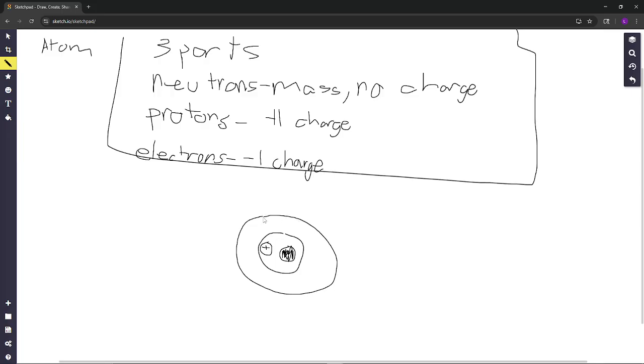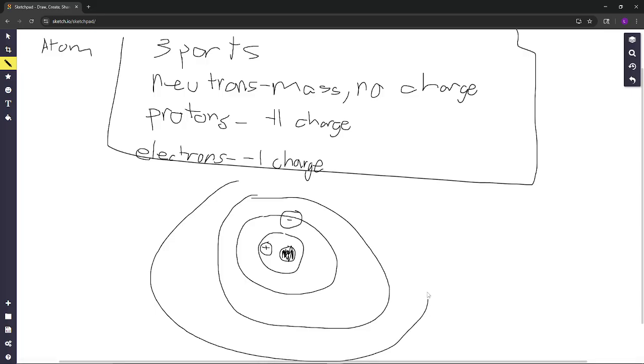And then you have your electrons, which have a negative charge on the outside. And they go into these little rings, which we call orbitals.